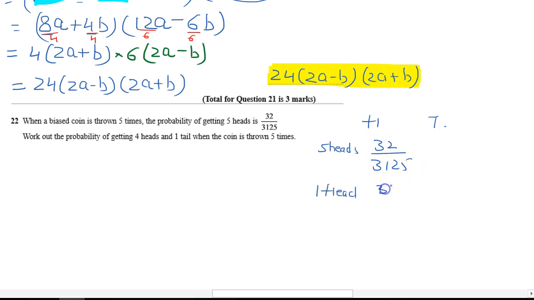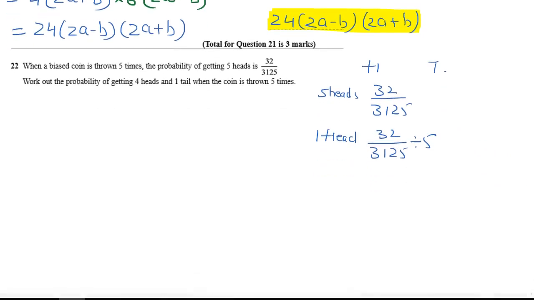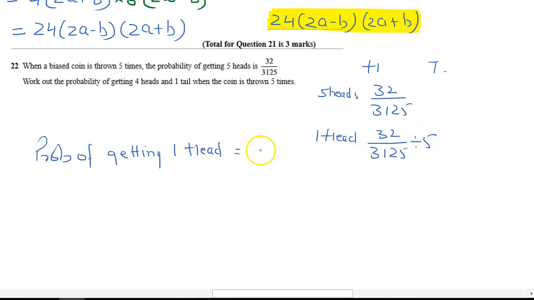We take 32 over 3125 to the power one over 5. So the probability of getting 1 head, if we divide it, will be 2 over 5.